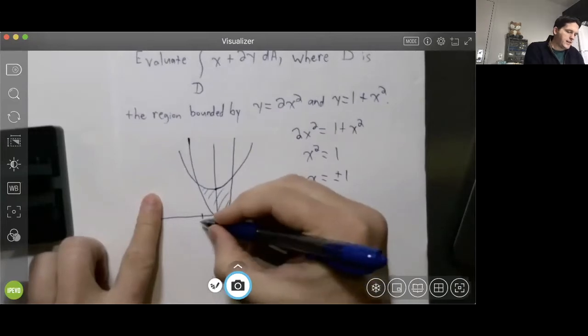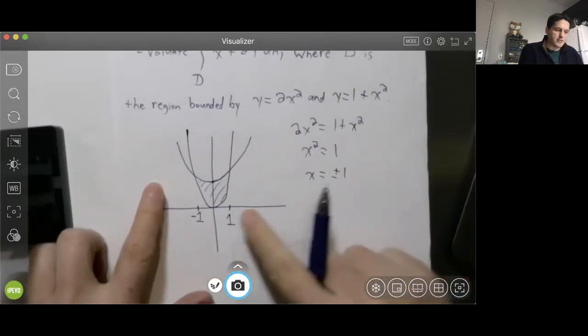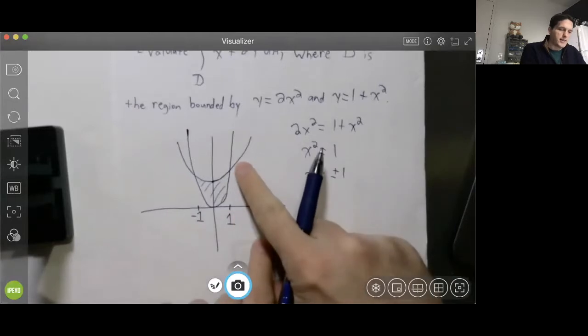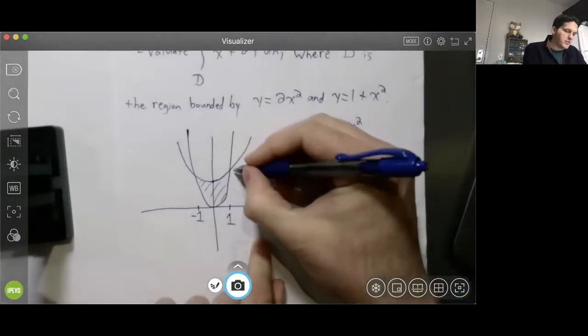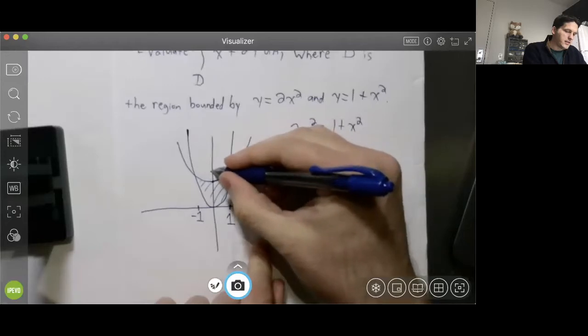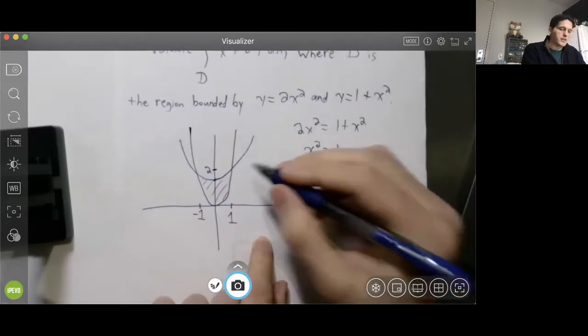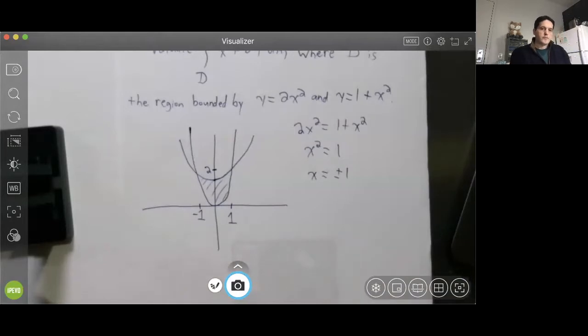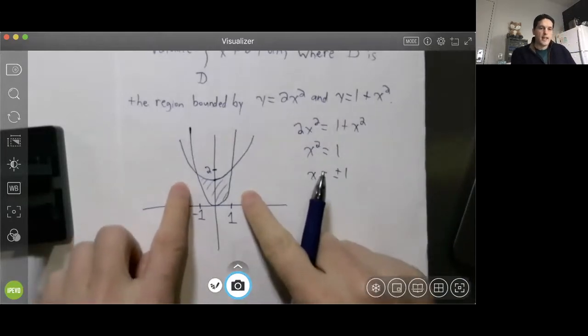And here is x equals minus 1. And if x is equal to 1, the corresponding value of y is y equals 2.